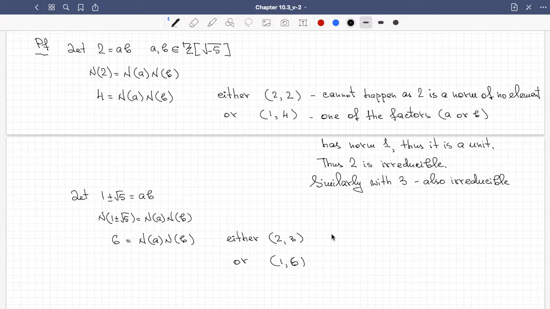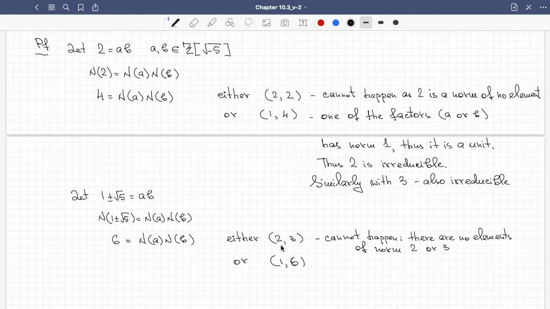And that cannot happen because there are no elements of norm 2 or 3.